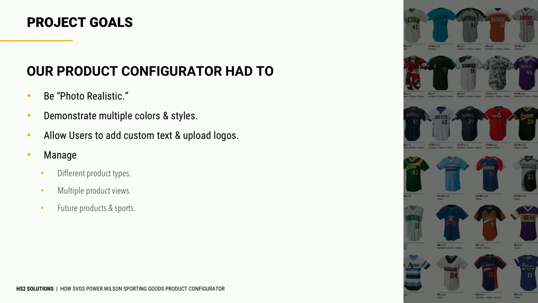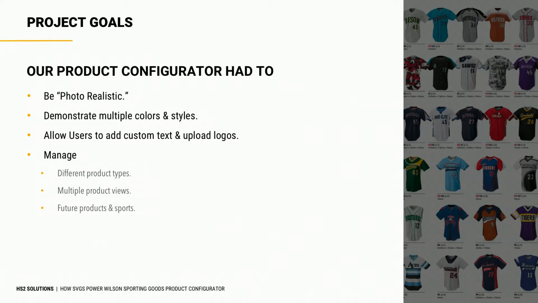So the first thing is we had to build a product configurator for Wilson Sporting Goods. If you're not familiar with Wilson Sporting Goods, they make a variety of sports equipment for tennis, football, basketball, but in this case we were to build a product configurator specifically for baseball. So the first thing that this product configurator had to do, it had to be photorealistic. This is from the client.